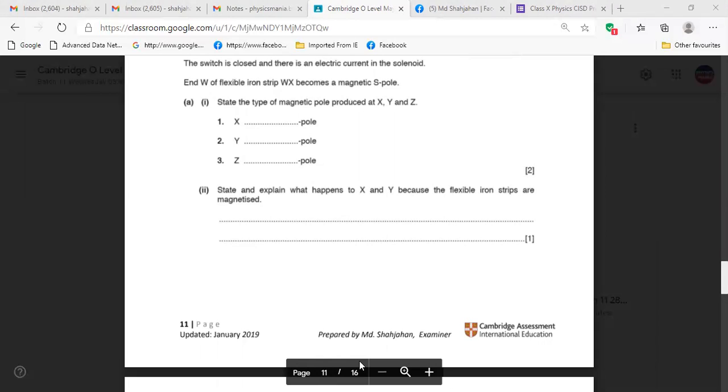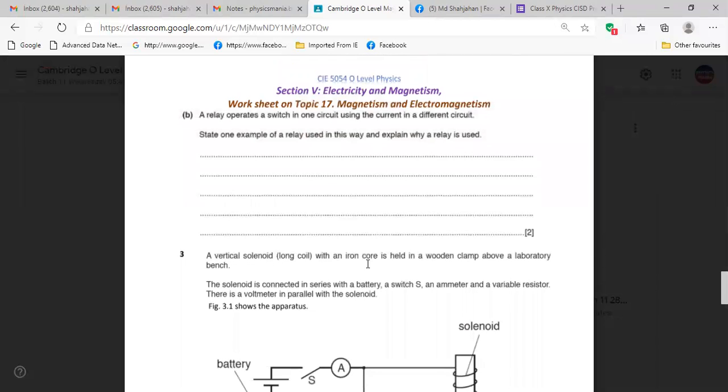Okay, then next we have a relay. A relay operates a switch in one circuit using the current in a different circuit. State one example of a relay used in this way and explain why a relay is used. So one use I told you is the starter motor of a car, right? Yes.